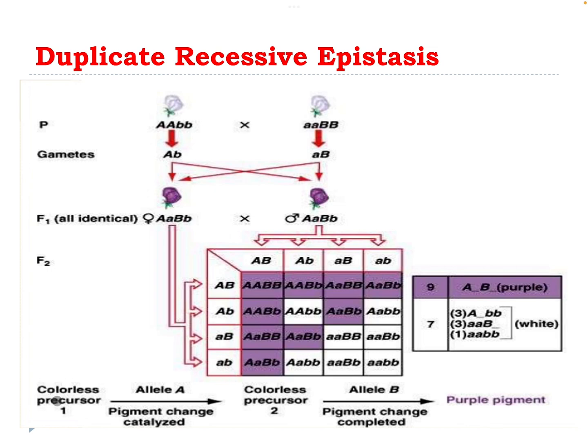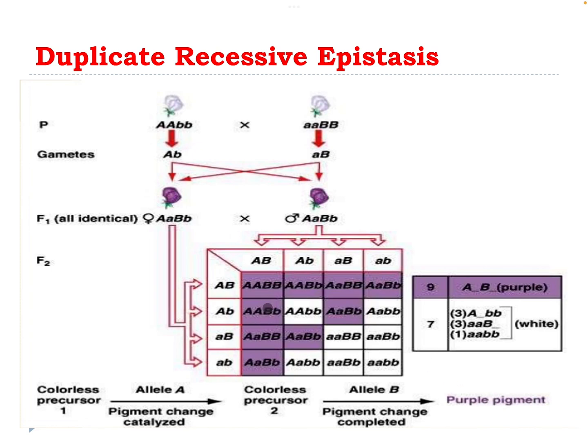So for the trait, you will have a colorless precursor. The pigment that will catalyze this change is coded by this allele. So this allele A will produce a color change, but it is still a colorless precursor. And then this one will be converted into purple pigment via this allele B. So A and B alleles should both be present to produce a purple pigment.